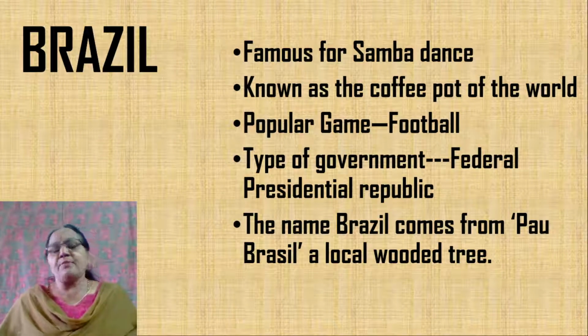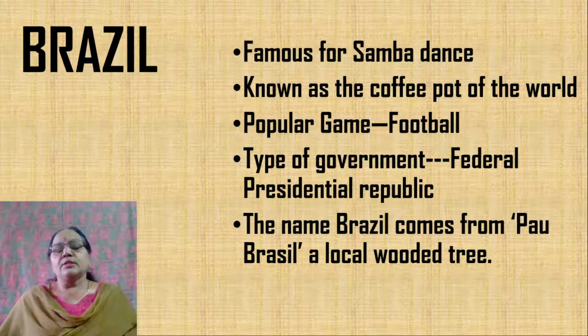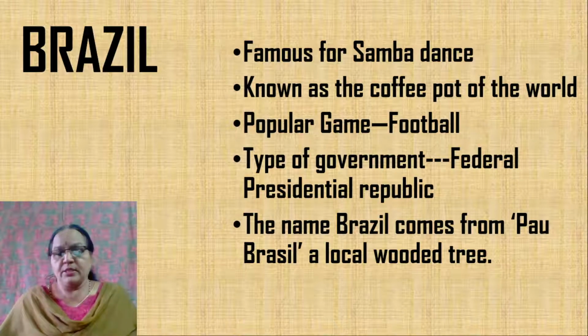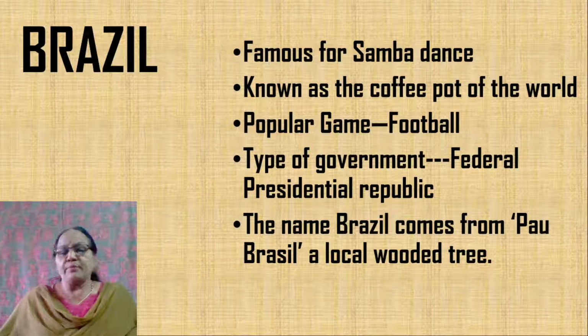The popular game here, just as in India we have cricket, in Brazil it is football. The type of government is a federal presidential republic. The name Brazil comes from the local wooded tree called pau Brazil.